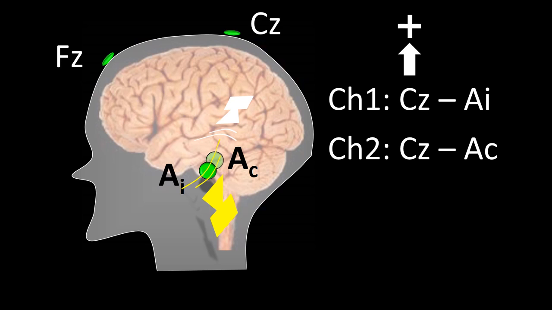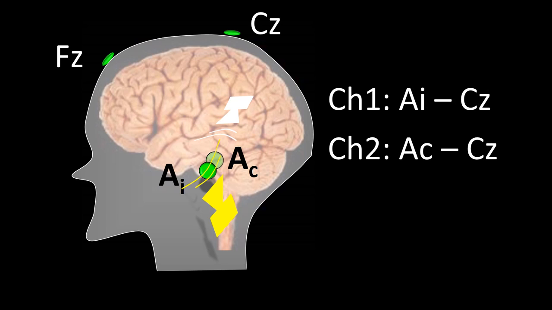The positivity at CZ is always up. Very often, the order of the electrodes is inverted in many presentations. Yet the convention that CZ is positive is maintained.